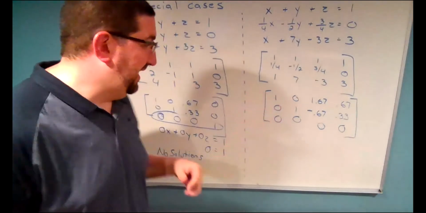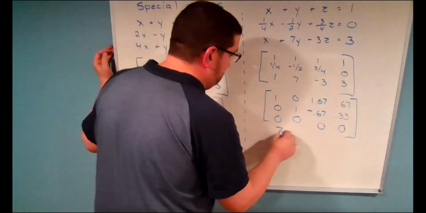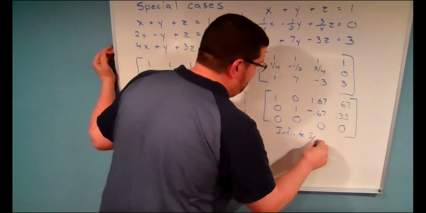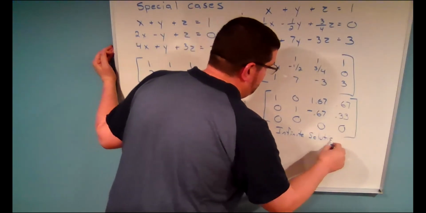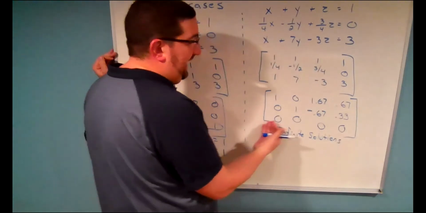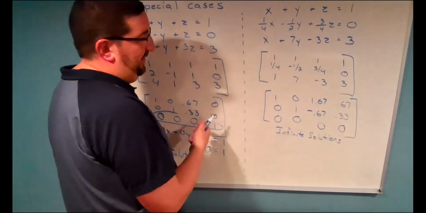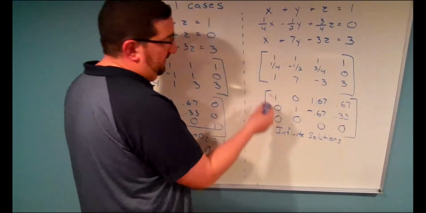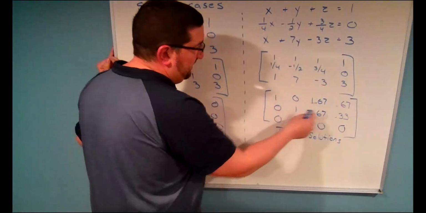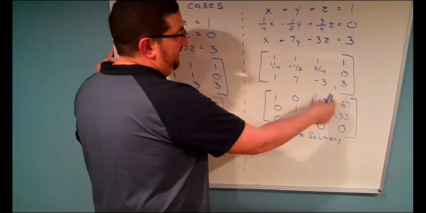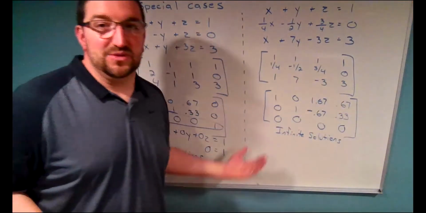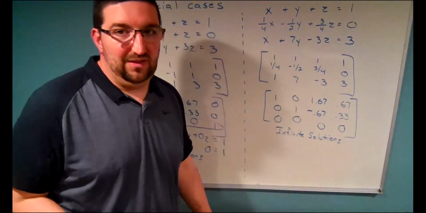That would definitely be infinite solutions. So if your entire bottom row cancels out, and this doesn't look like reduced row echelon form here, yes, we have the diagonal ones, but we don't have the other zeros, we would have infinite solutions if it cancels out on the bottom.